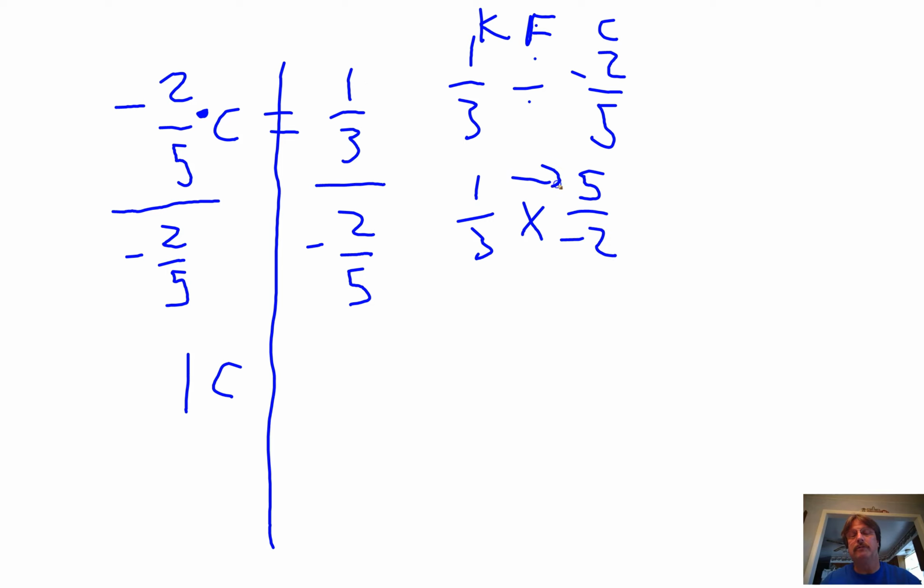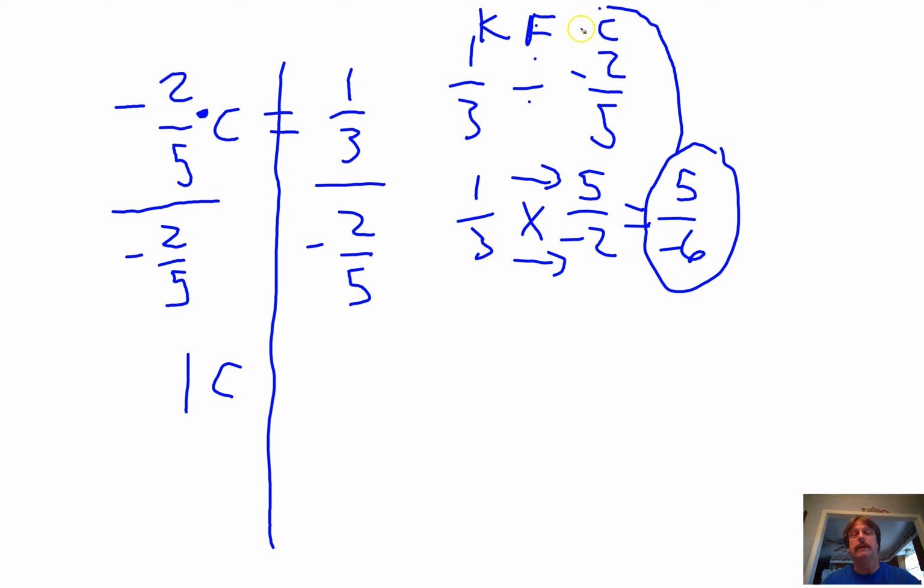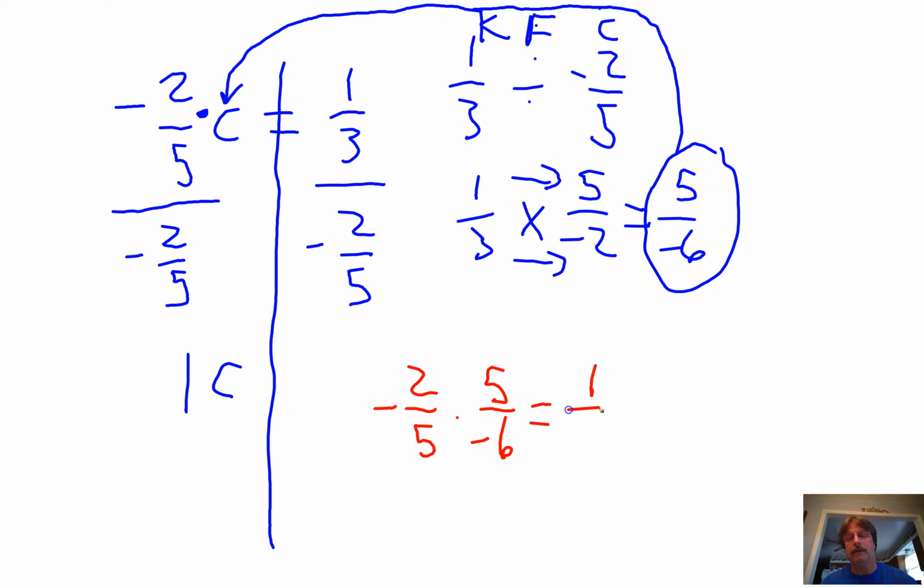So if I multiply straight across, it's going to give me 5 over negative 6. So that's what c is going to equal. Okay, so if I rewrite my equation, negative 2/5 times 5 over negative 6, does that equal 1/3?